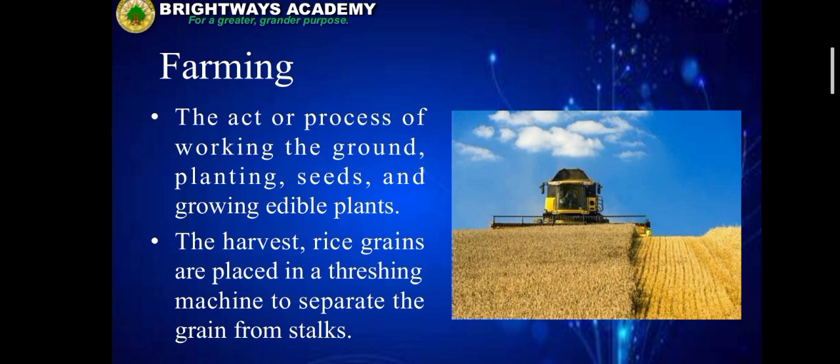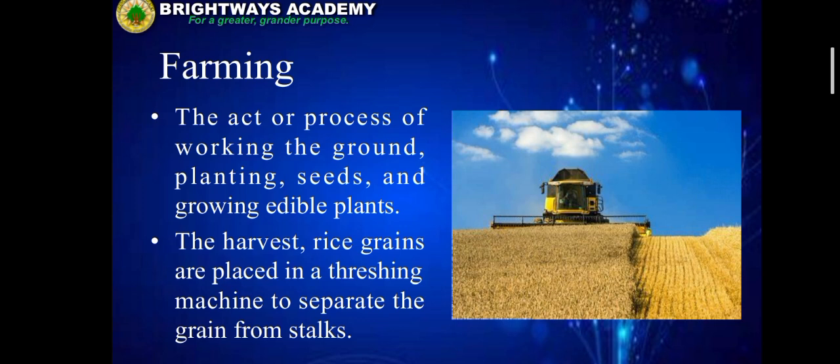First, farming. Farming is the act or process of working the ground, planting seeds, and growing edible plants. When we say farming, we are planting trees, a lot of plants, and at the same time planting seeds.